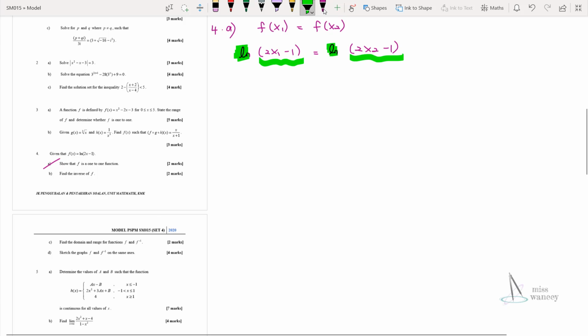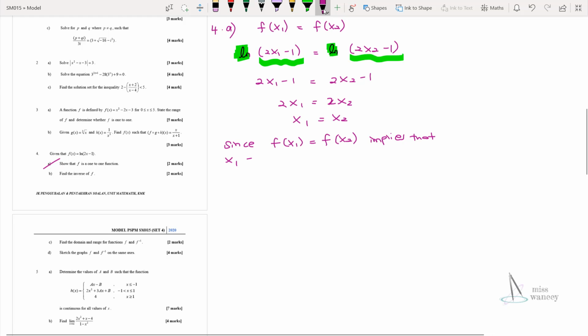So 2x1 minus 1 equal to 2x2 minus 1, plus 1 on both sides, so 2x1 equal to 2x2. So x1 will be equal to x2. So since f of x1 equal to f of x2 implies that x1 equal to x2, hence f of x is a one-to-one function.